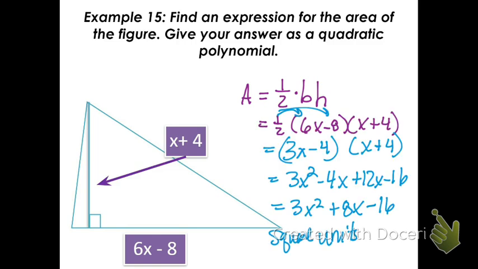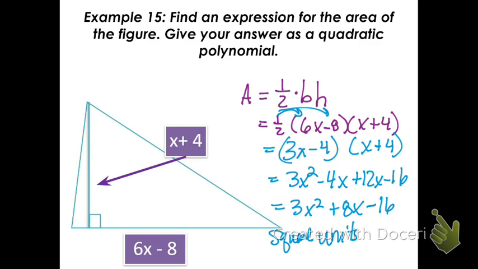So here's one possible way that you could have written your work. This maybe depends on whether you distributed the 1/2 at the beginning like I did or at the end. So I distributed the 1/2 at the very beginning, and instead of 6x minus 8, I changed that to 3x minus 4.